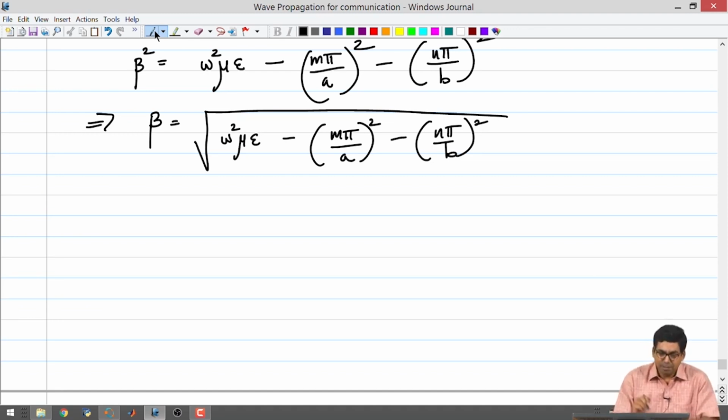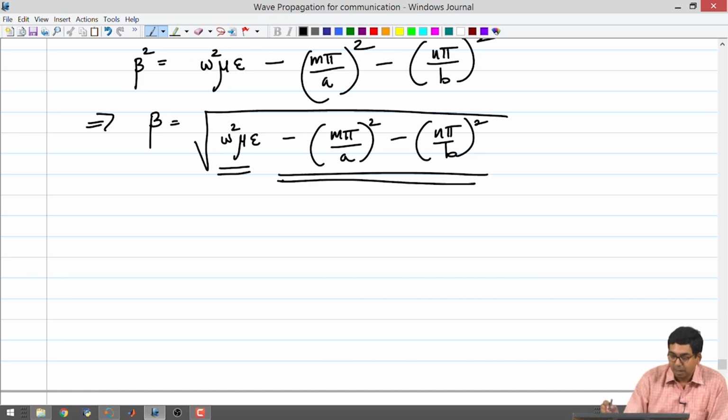So, this gives me some idea as to what can happen. The worst condition that I can have is the positive numbers being equal to the negative numbers. So, I will be having beta equal to 0, which means I do not have a travelling wave, and anything above that, when beta is real, I am having a travelling wave.